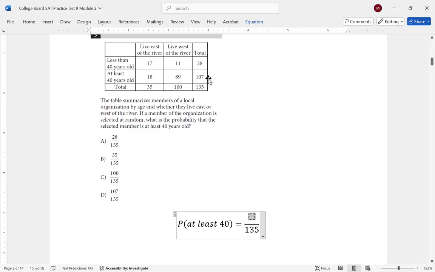You can see that the total number of individuals who are at least 40 is 107. So the probability of being at least 40 in this data set is 107 divided by 135. And that answer is D. So D is the answer to question 3.